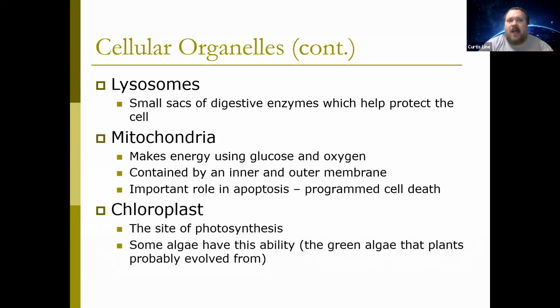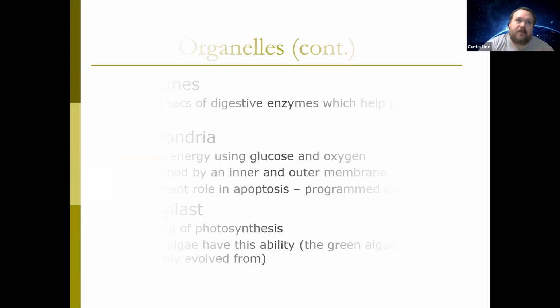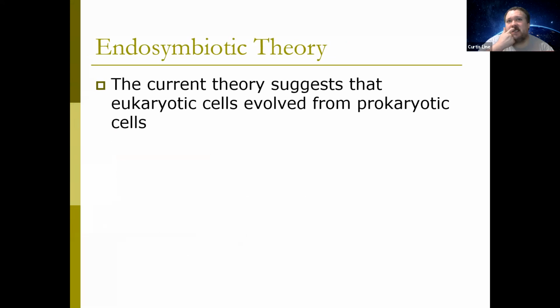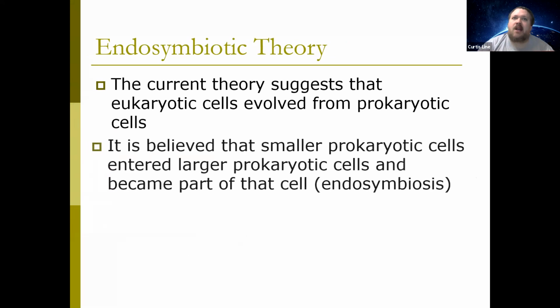And the chloroplast you did not learn about in A&P, or at least you definitely shouldn't have. The chloroplast is what plants and algae have in order to do photosynthesis. And plants most likely evolved from a special type of green algae. So the endosymbiotic theory states that eukaryotic cells evolved from prokaryotic cells.